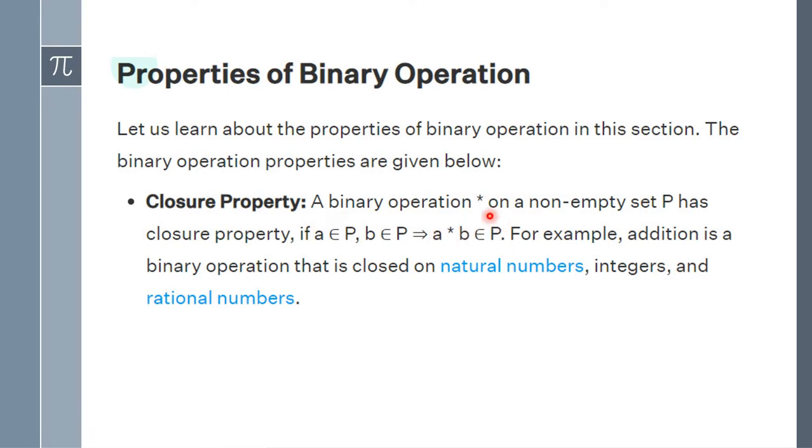A binary operation star on a non-empty set P has closure property. So, if A is an element of P, so ang A kuno naa ni P, si B sad naa ni P, and A star B is also in P. So, for example, addition is a binary operation that is closed on natural numbers, integers, and rational numbers.